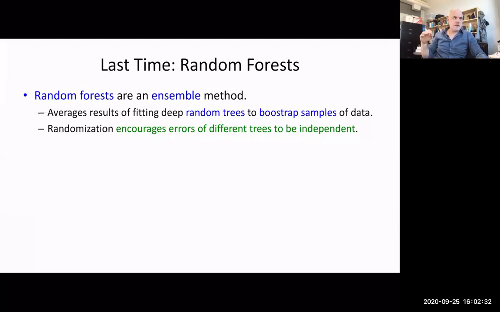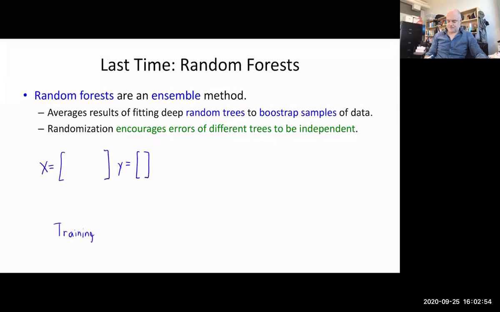So we get random trees. We've focused so far on bootstrap sampling in order to get trees that are not the same. We're going to talk today about one more way to make the trees even more random, and thus their errors more independent. So the randomization encourages the errors of different trees to be independent, right?